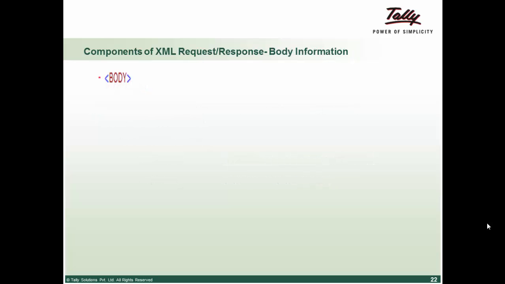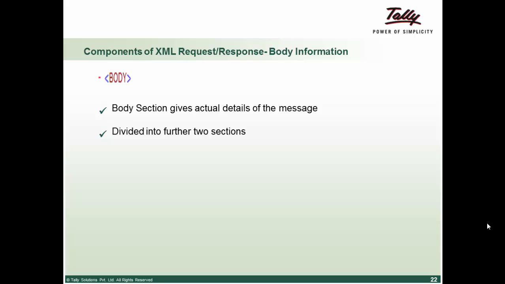Now we have the body tag, the second part of our envelope tag. Body tag exchanges the information intended for the recipient of the message. This section gives the actual details of the message and is further divided into two sections: description of the request response and data for the request or response.